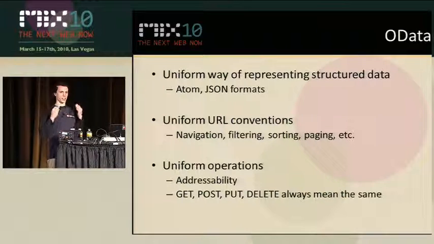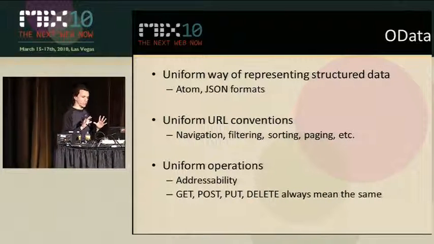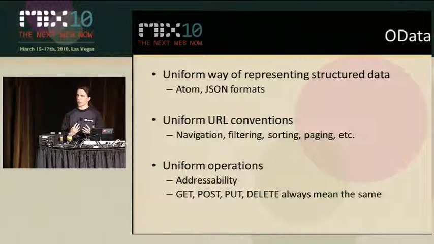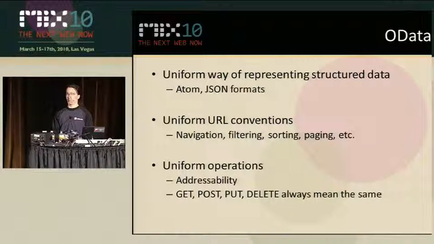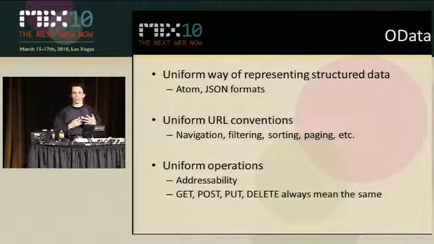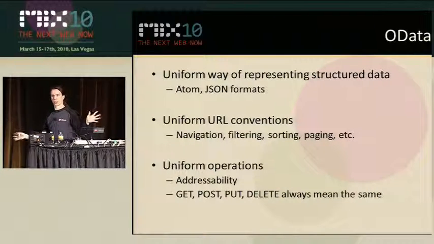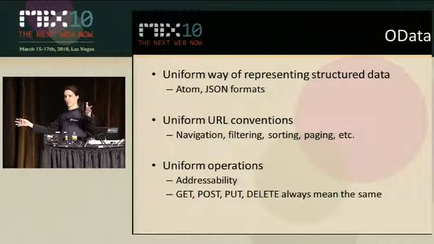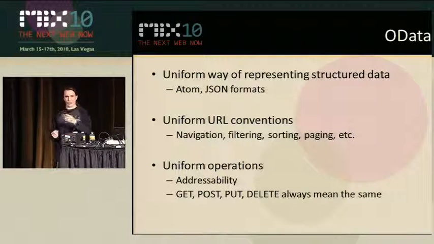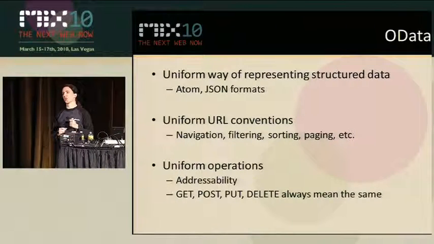We also introduced a set of uniform URL conventions. Trying to be a good web citizen, these systems are very hyperlink driven. So if you are a hypermedia client, you can just follow links along and navigate all the graph that forms the data set. Now, there are times where you do want to ask specific questions about a collection.